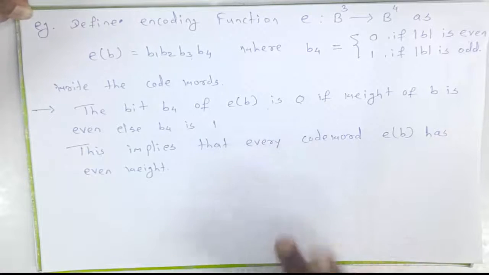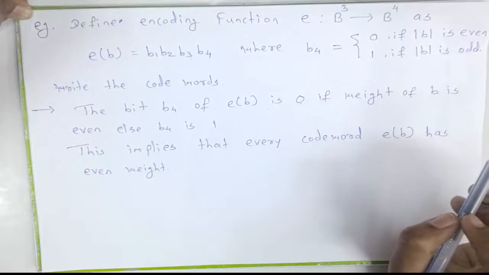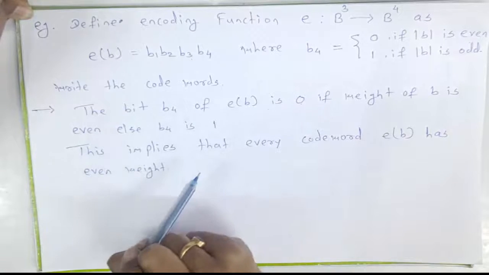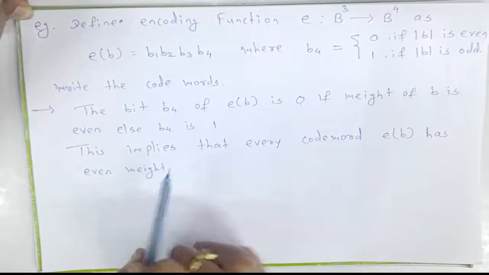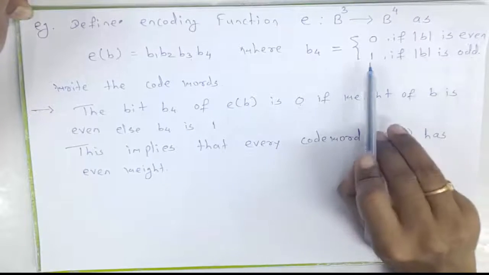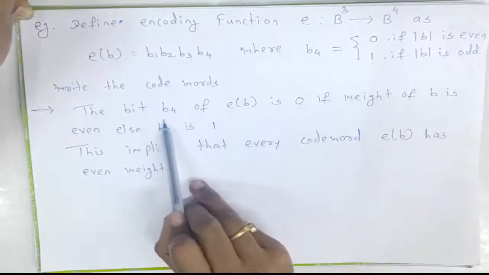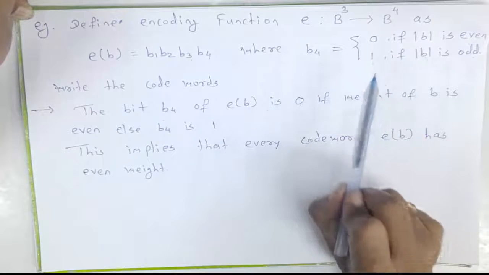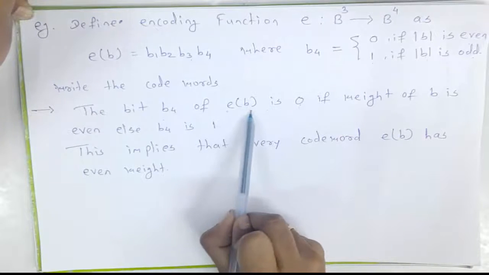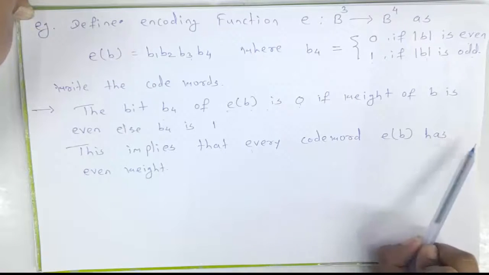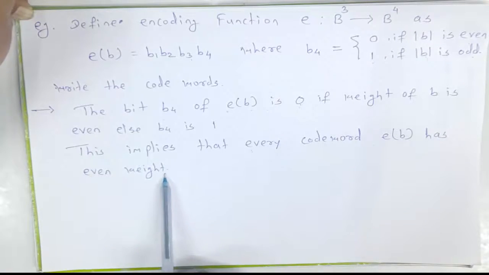Weight is still even. We count the number of ones, which is nothing but the weight of that code word. If the weight of b is odd, then we add 1, that is b4 is 1. So if we find the weight of e of b, we get even. So this implies that every code word e of b has even weight.